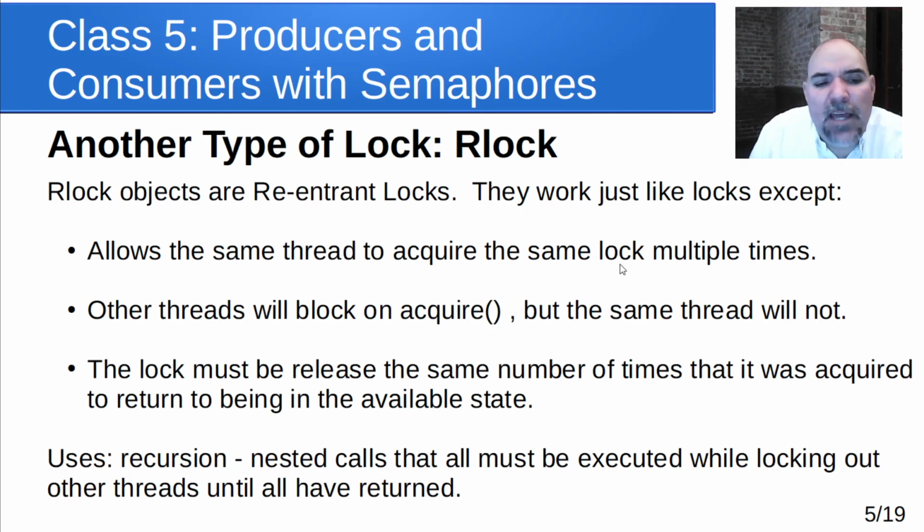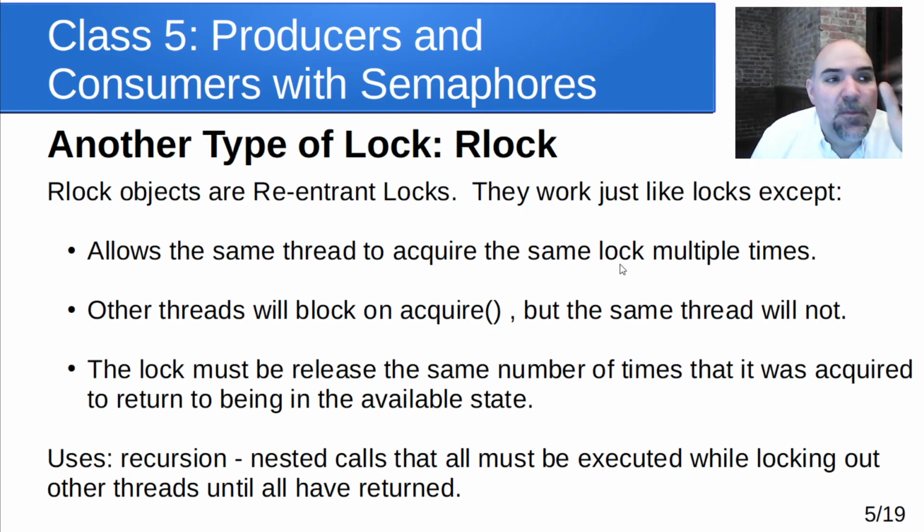And the main use of that is to make something that's recursive. In other words, you have a function that while it's running, you want it to lock everything else out, but part of that is that it has to call itself. So if it's going to call itself, it's going to hit an acquire again, and then it's going to call itself and hit an acquire again. We want to have the recursion unwind all the way.